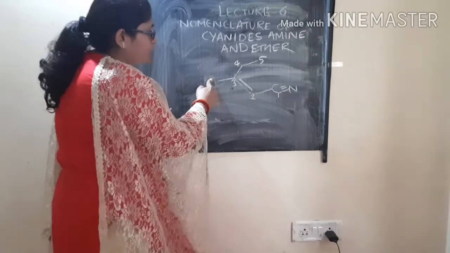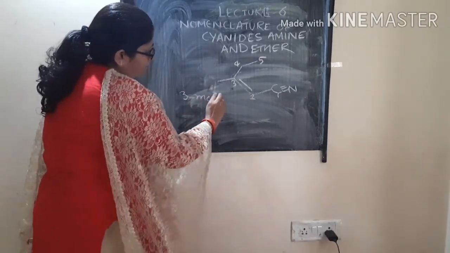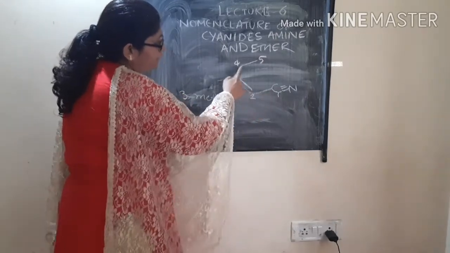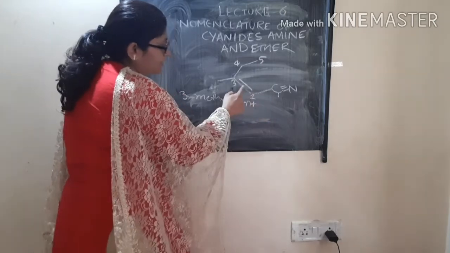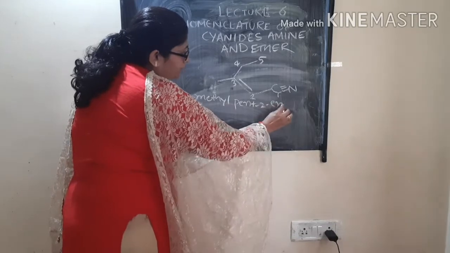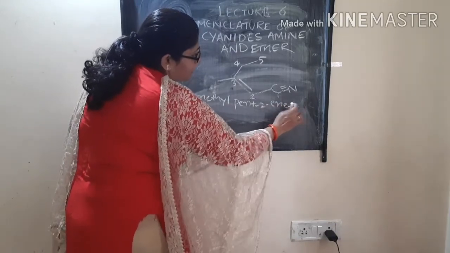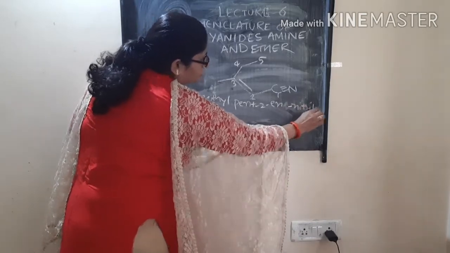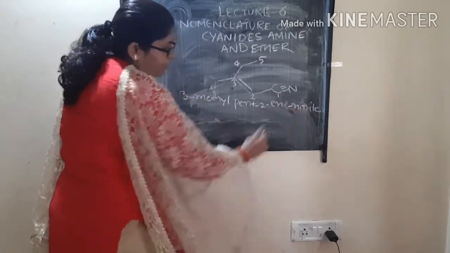So let us name it. It will be 3-methyl pent, there is a double bond at the second position, 2-ene nitrile. So the naming will be 3-methyl pent-2-enenitrile.